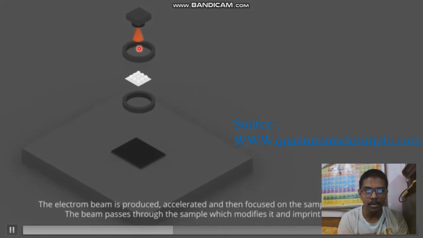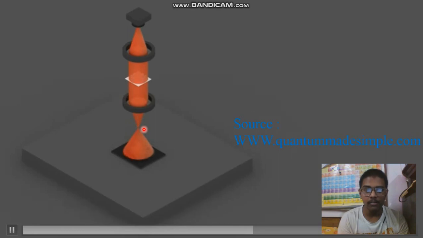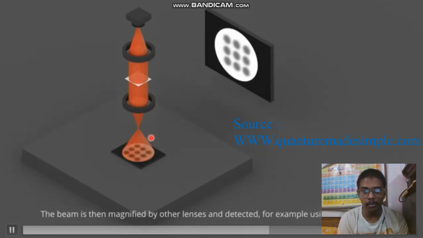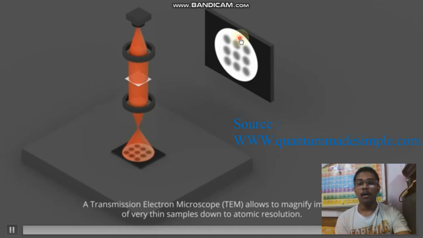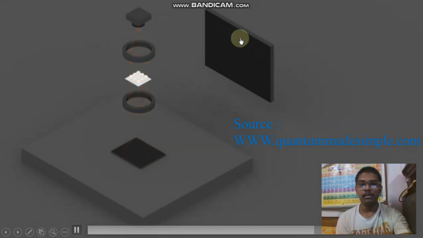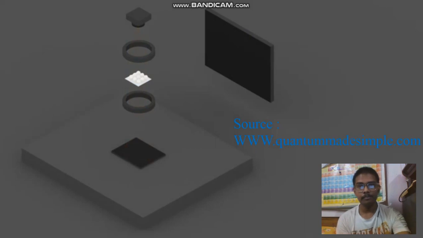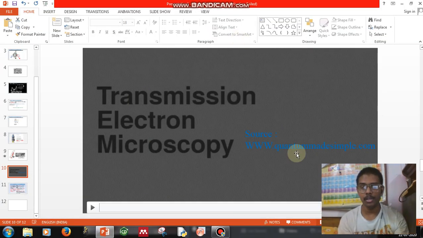Now the electron beam is coming through the lenses. A fine electron beam has been created, interacts with the sample, and then the scattered electron beam is captured as an image on the bottom screen, which is projected to another screen, and this creates a fine image on your computer. These are the basics of the transmission electron microscope.